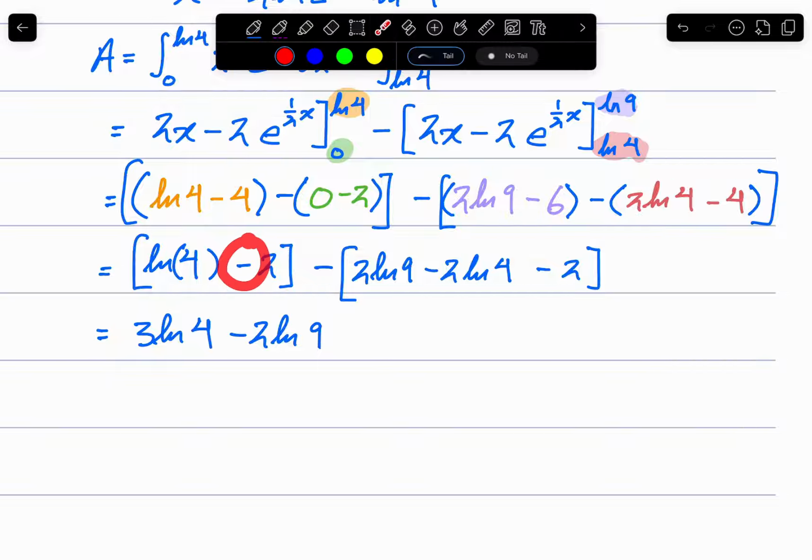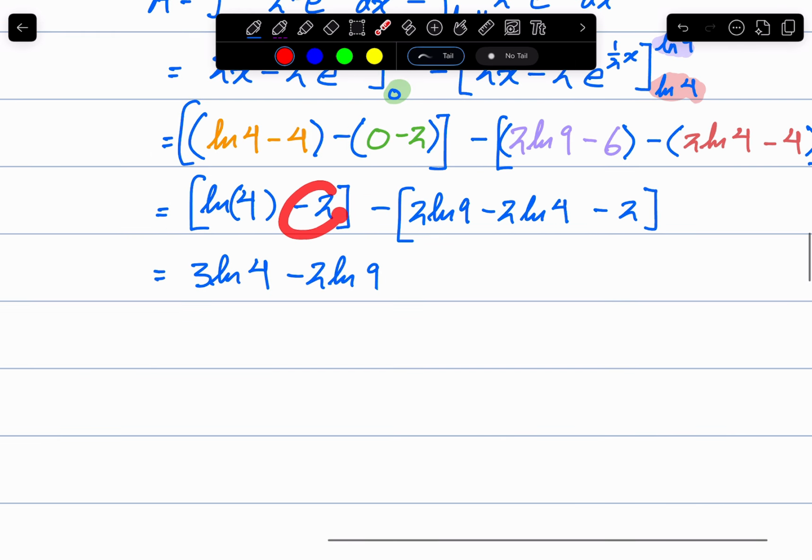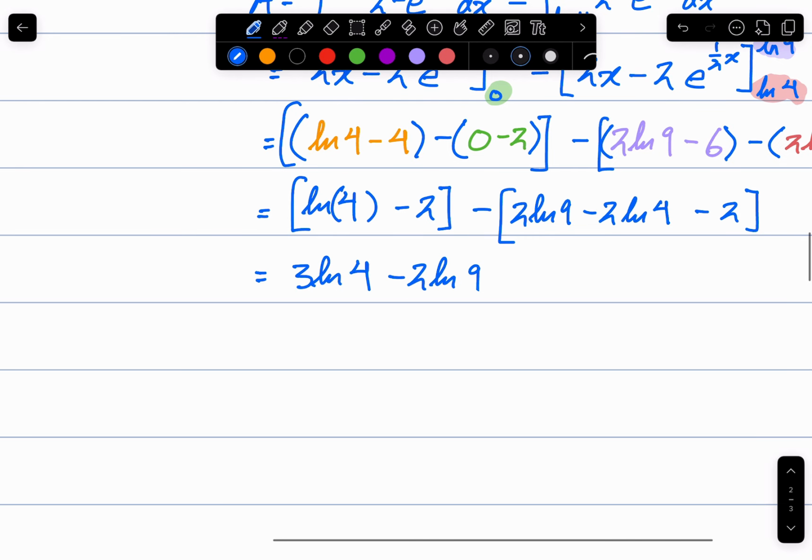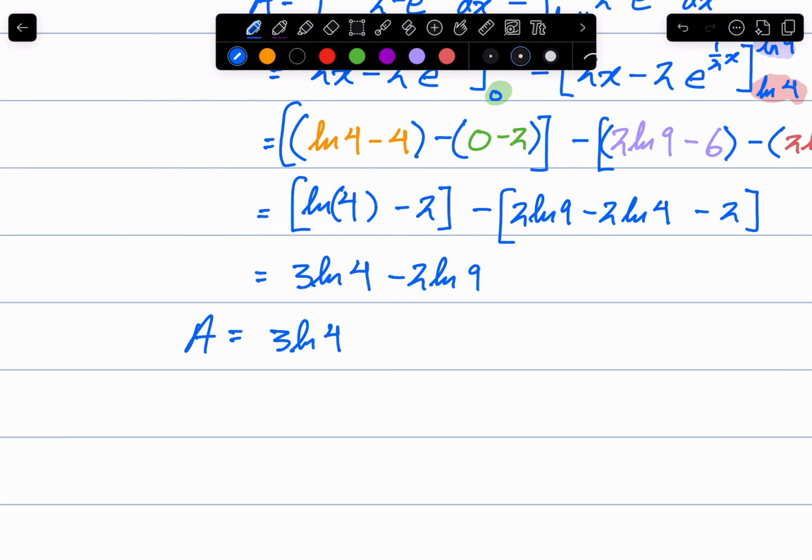And then this one minus 2 minus minus 2. Well, that's just going to be 0. Okay, because that's going to be negative 2 plus 2. These two cancel, giving us 0. And all in all, the total area is this: 3 ln4 minus 2 ln9.